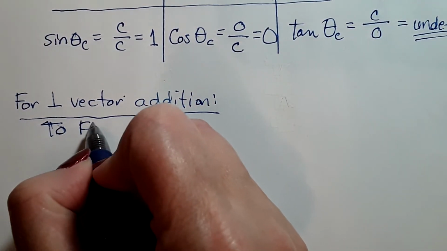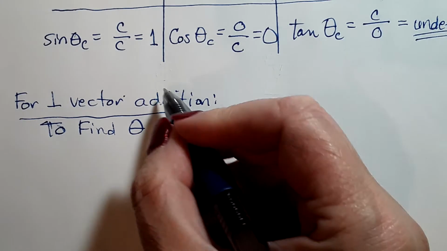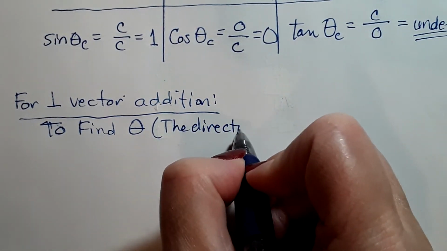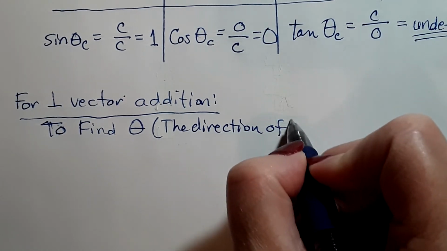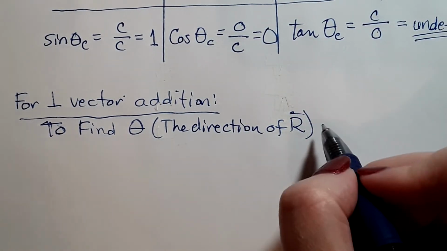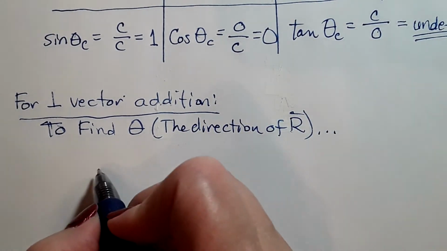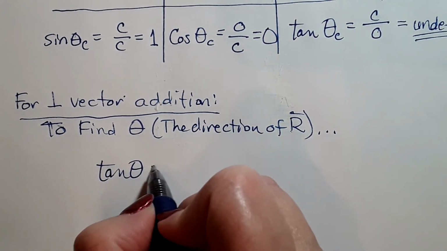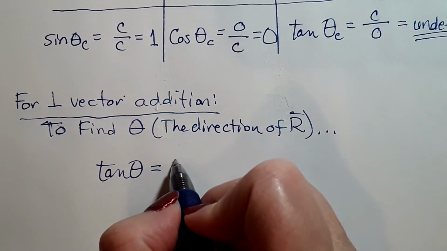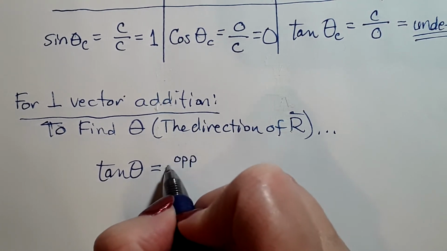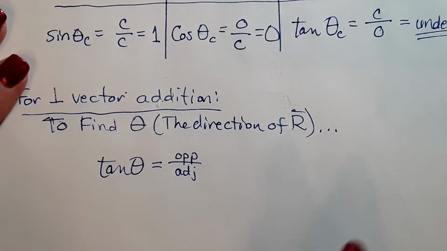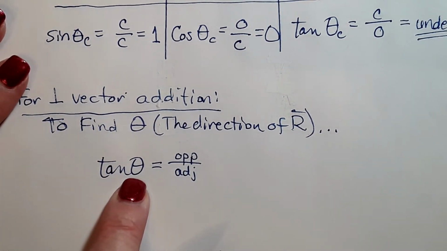To find theta, which is the direction of the resultant, here's what we're going to do. We're going to use the tangent function to find the direction for the resultant. If you remember, that is the opposite leg divided by the adjacent leg. Okay? Now, we want to solve for the angle.